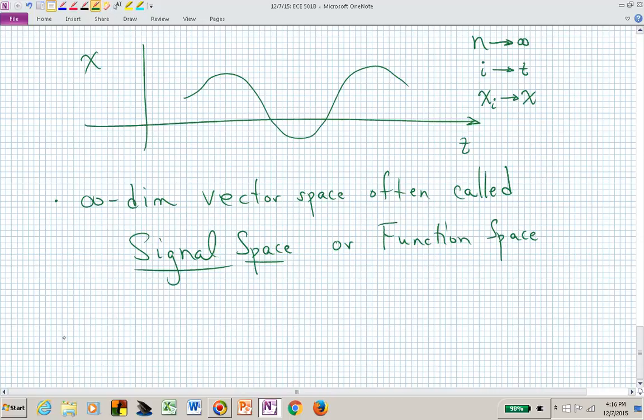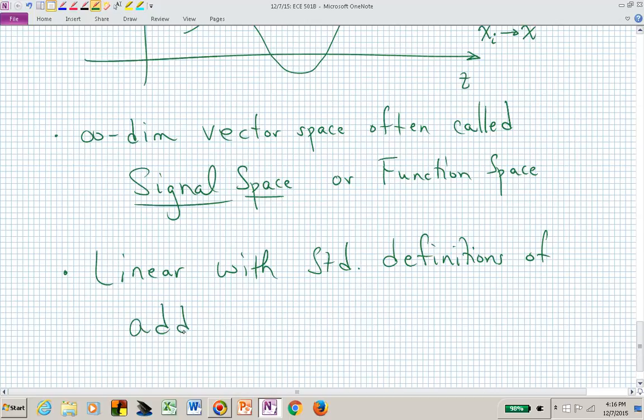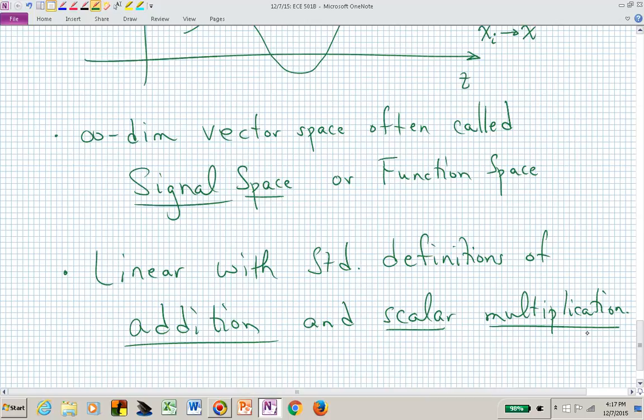Once we have these functions, we can talk about adding functions or scaling those functions. We can do these linear operations by imposing linearity with the standard definitions of addition and scalar multiplication.